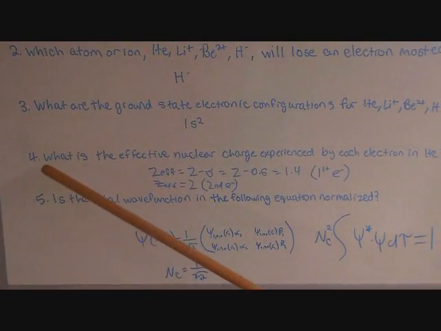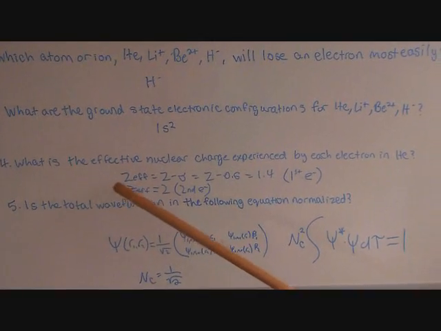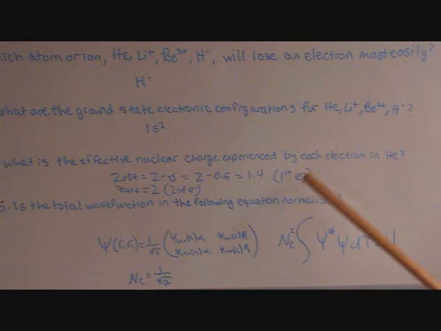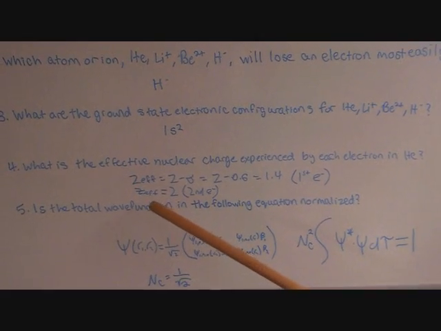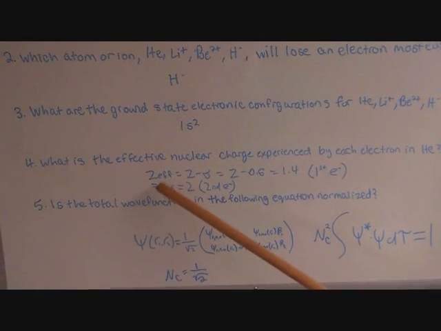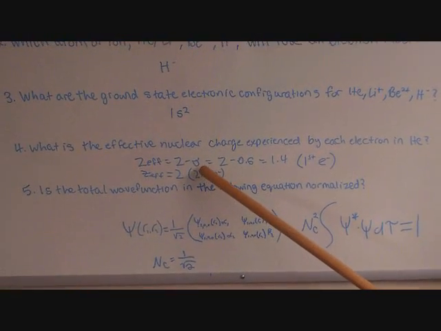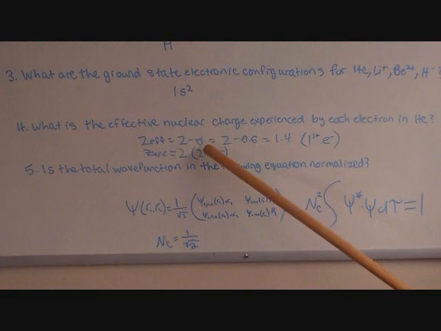The fourth question, what is the effective nuclear charge experienced by each electron in helium? This goes back to the study of effective nuclear charge we mentioned earlier. We use our equation for effective nuclear charge as the atomic number minus the effective nuclear charge constant.